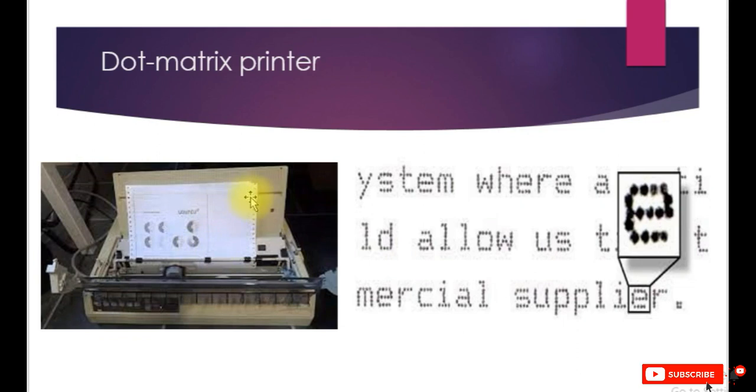And multi-form paper is where you have multiple layers of paper, and typically the ones at the bottom are carbonized, and this now forms a receipt, and so when the document is printed, the leaves can be separated, and depending on how many leaves make up the form, it may be 2, it may be 3, it may be 4, for instance. They will be going to different departments or to different persons within the organization, including a copy going to the customer. The top copy typically is what would go to the customer.